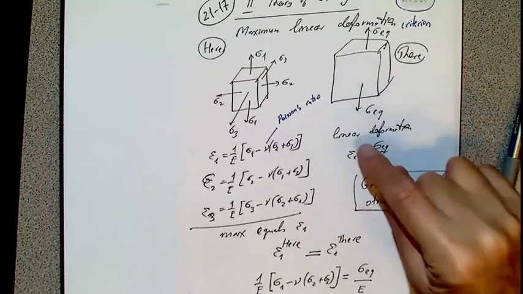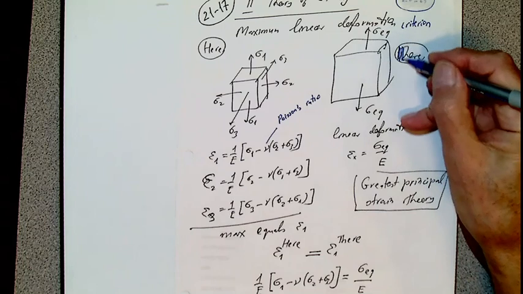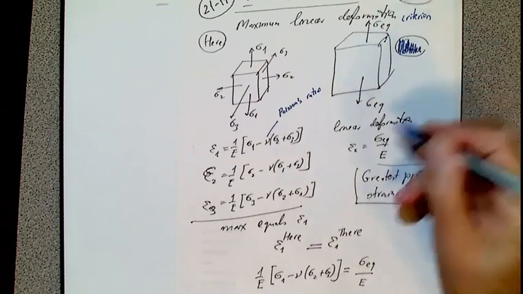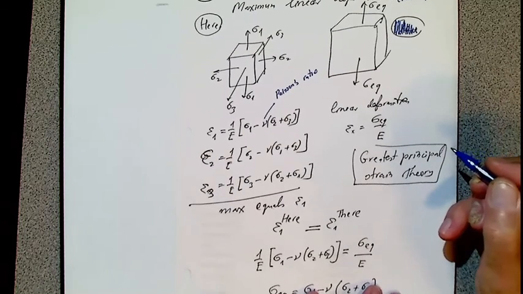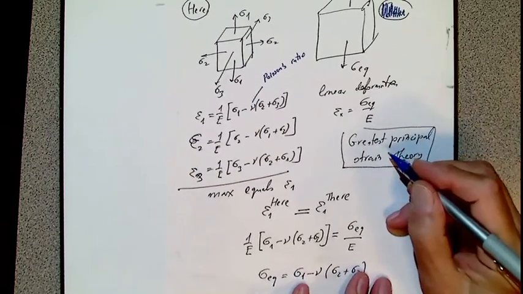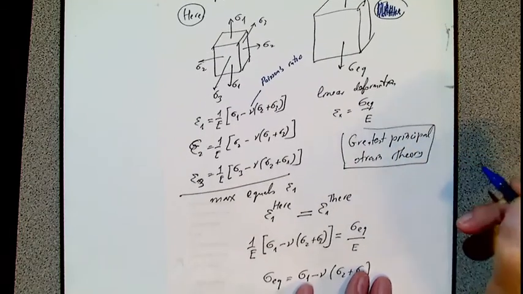Here there is only linear deformation. Epsilon x equals sigma equivalent over E. So that is the maximum or greatest principal strain theory.